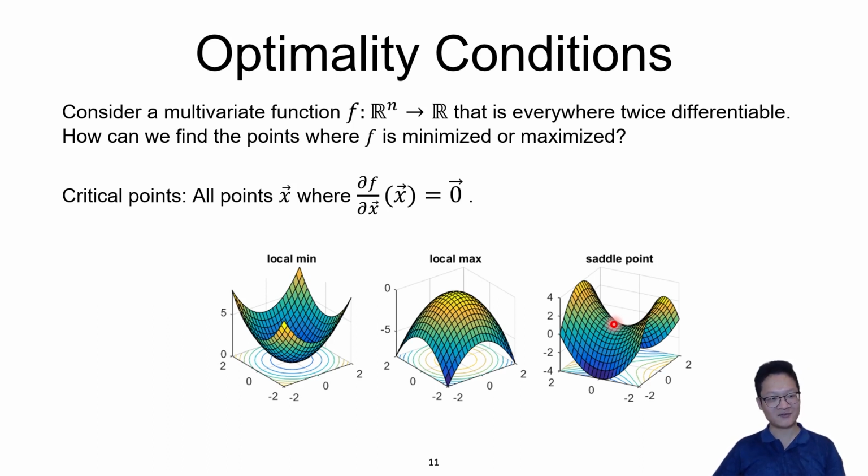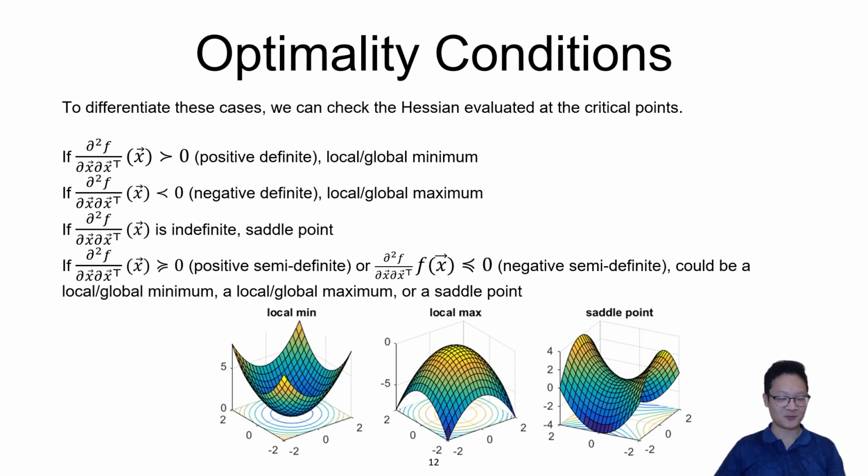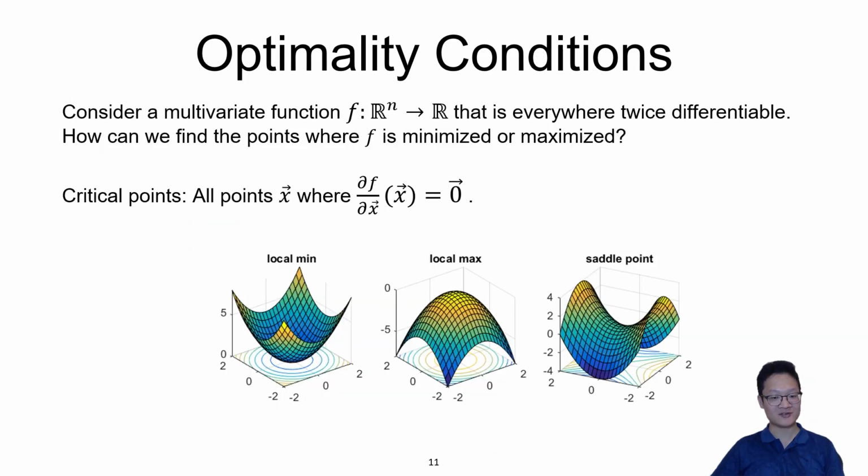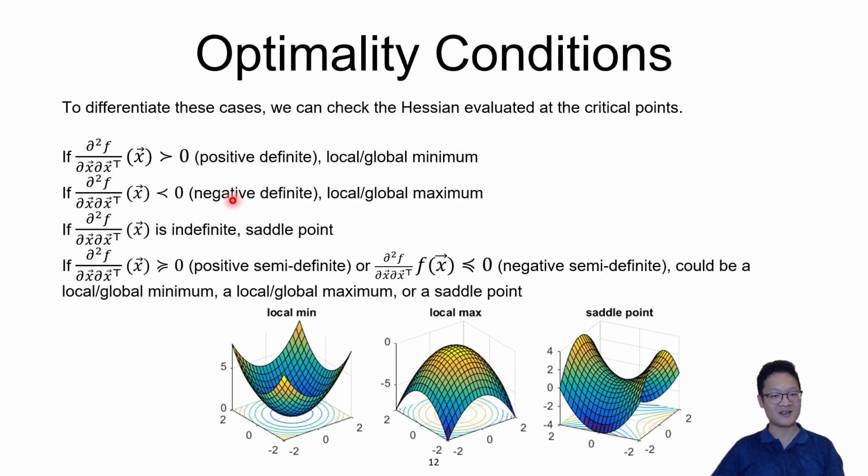Okay, so now again, after you calculate all the critical points, we have to do a second derivative test. Here, that means computing the Hessian. Remember that the Hessian is actually a matrix. So whereas previously we were checking the sign of the second derivative, we now have to check the definiteness of the Hessian matrix evaluated at the critical points.